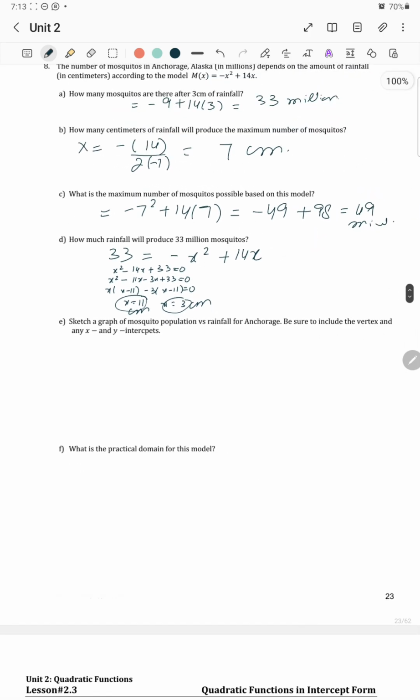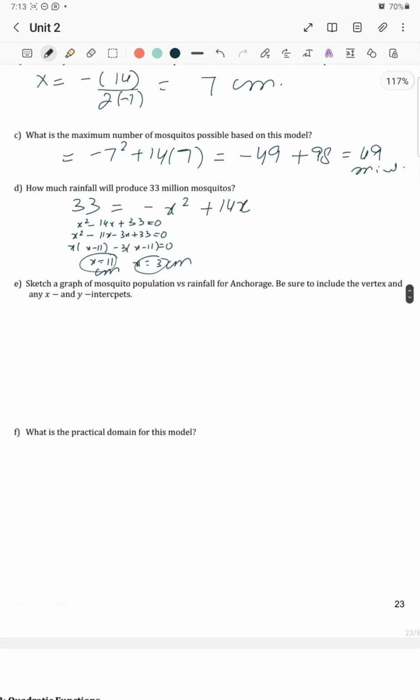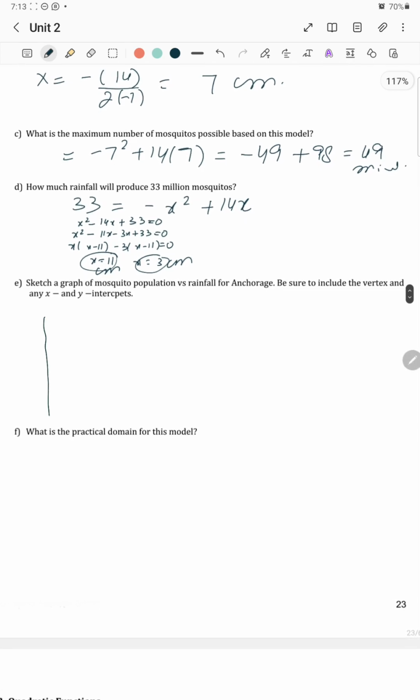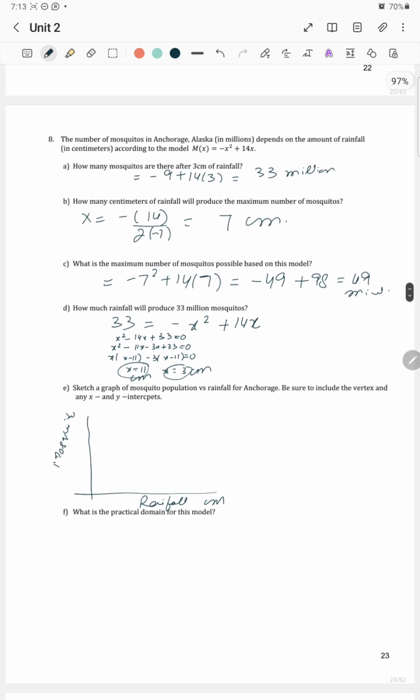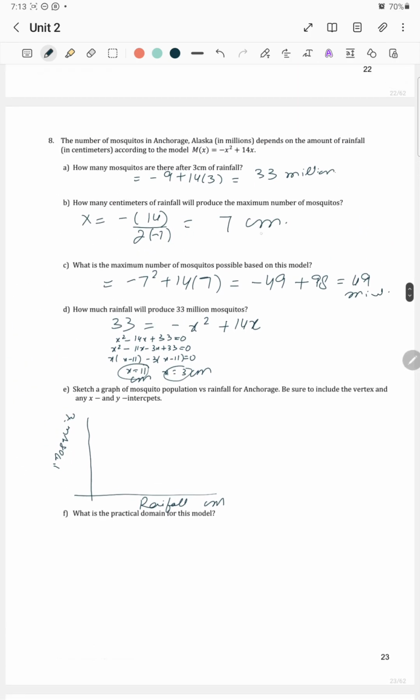Sketch a graph of the mosquito population versus rainfall for Anchorage. Be sure to include the vertex and the x and y intercepts. So it would be rainfall in centimeters and mosquitoes in millions. First we get the vertex, which was 7 on the x-axis and 49 on the y-axis. 7 and 49 was the maximum value.